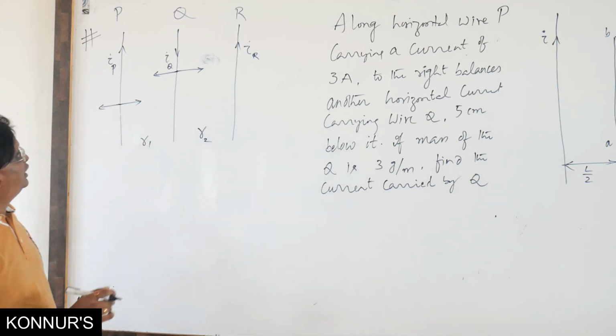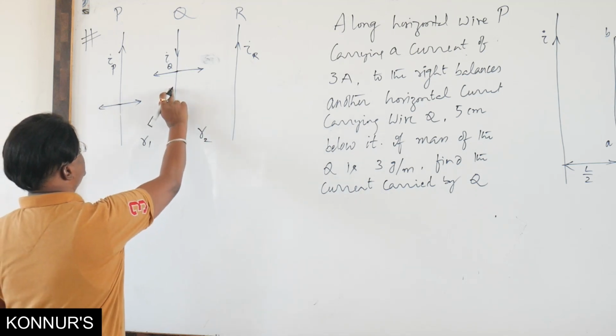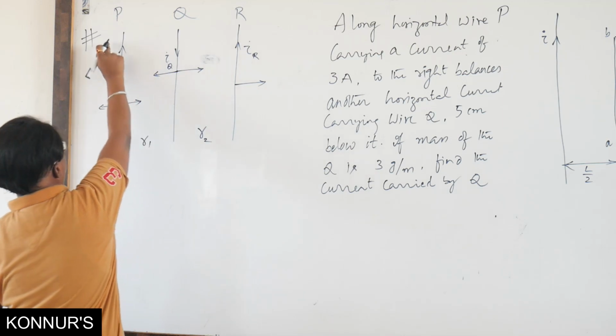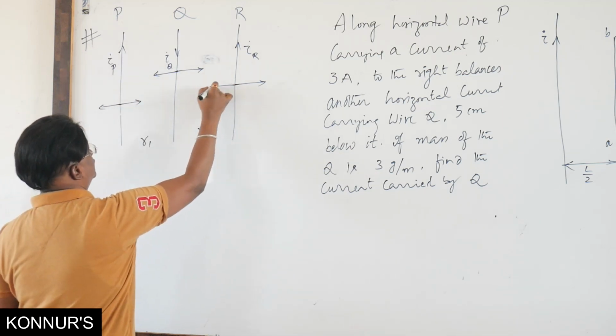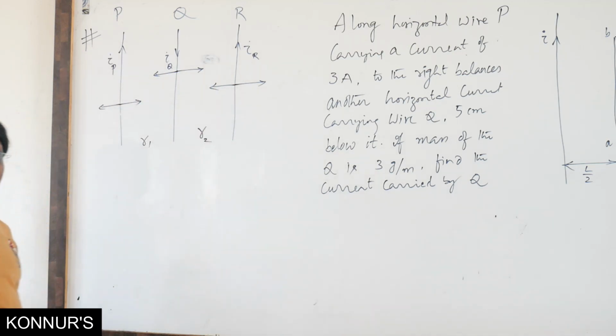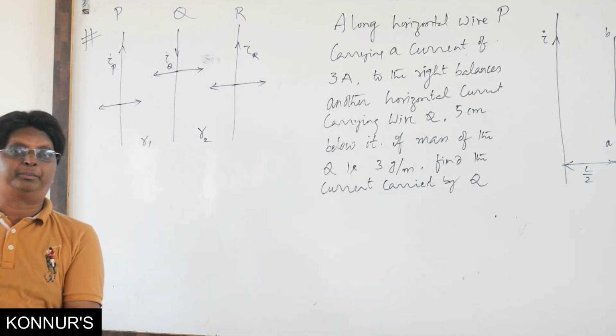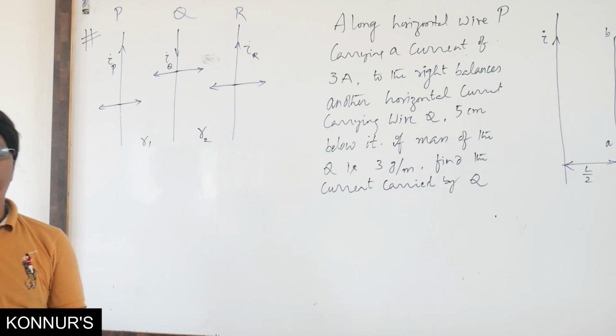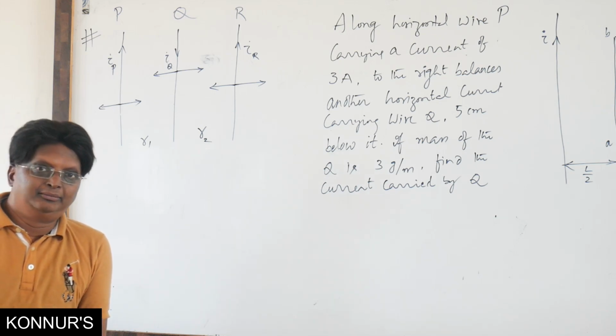Verify for R: R is repelled by Q because of anti-parallel currents, and R is attracted by P, we call it this direction. Now what do we find? There is a possibility for any of P, Q, R to be in equilibrium.